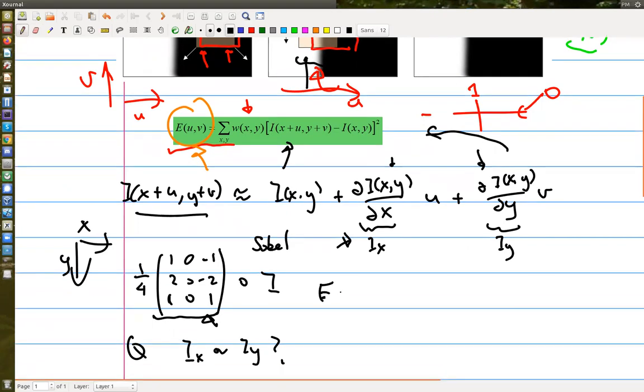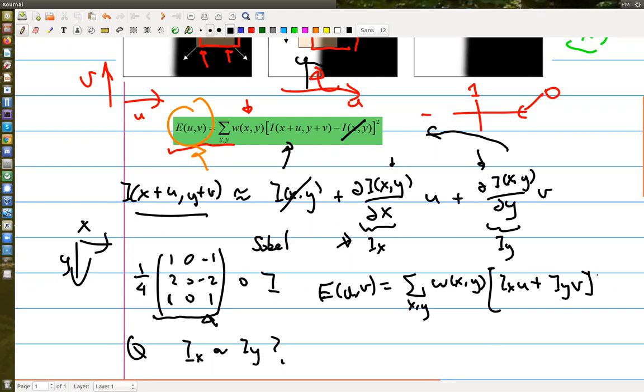So E(u,v) is equal to the sum over w(x,y) times, and you see I(x,y) gets cancelled with this guy, so I just have the derivative back. So I have basically (Ix u plus Iy v) squared, right?